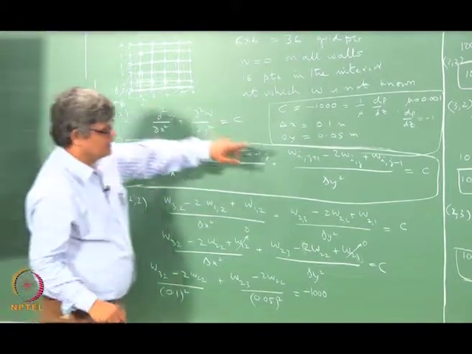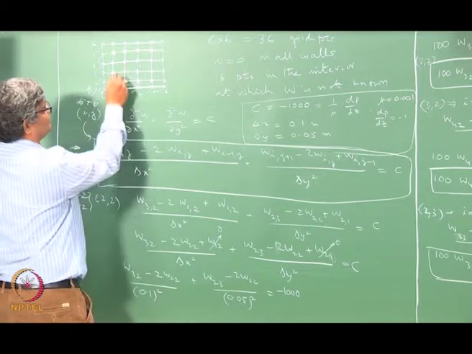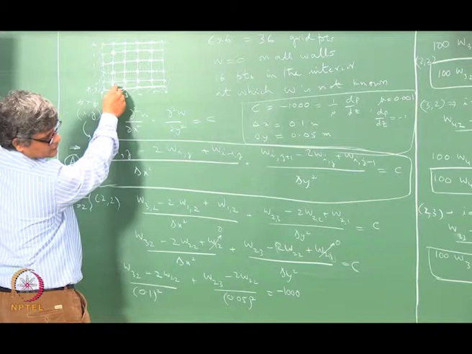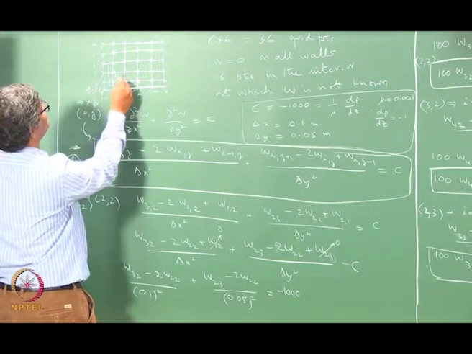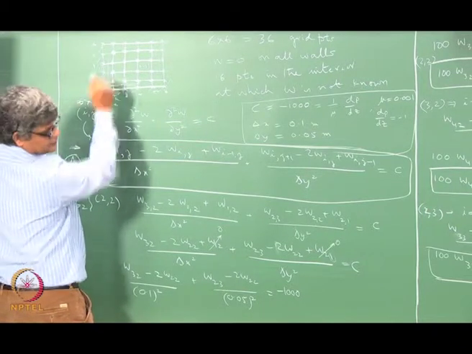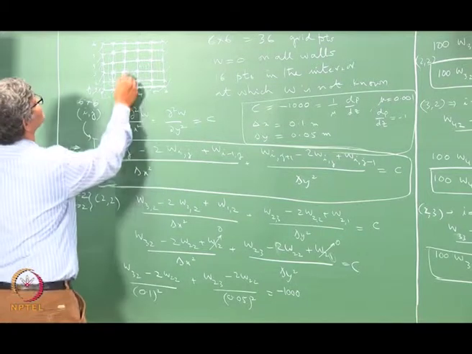So, similarly, when we write for 2,3, which is this point here, we have 2,3, and then we should have 2,2, and we have 2,4, which is this point here, and we have 3,3, which is this.